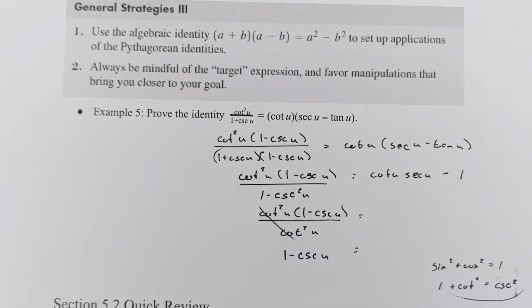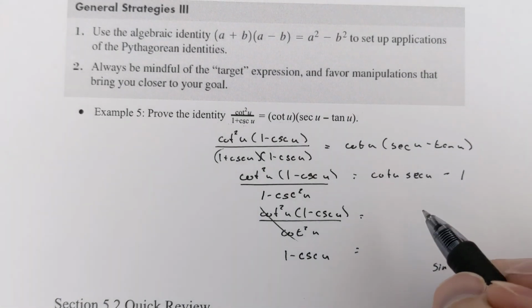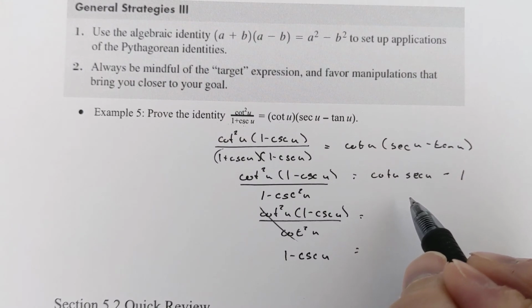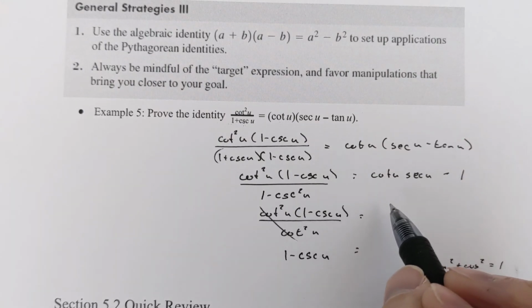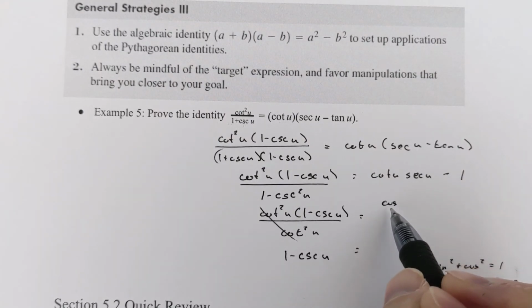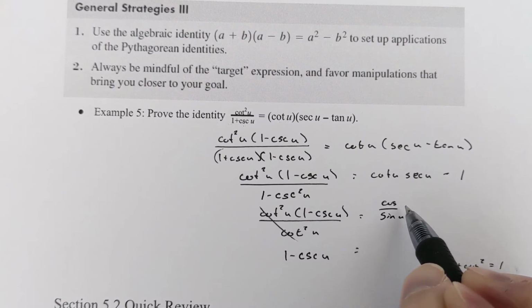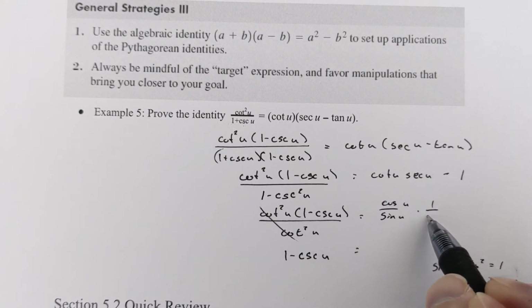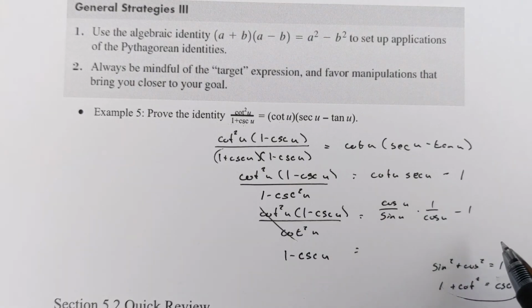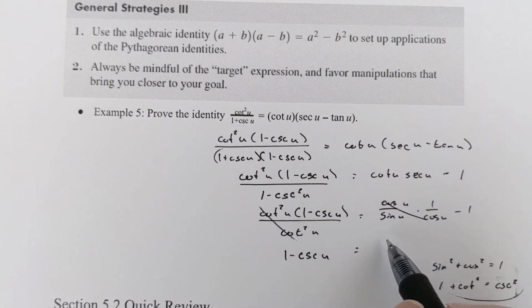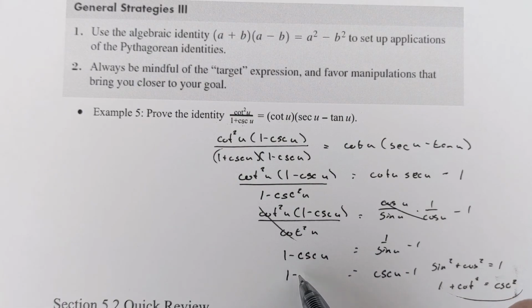Cotangent is cosine over sine. Secant is 1 over the cosine. So those can cancel. It gives me 1 over sine u minus 1, which is the cosecant of u minus 1.